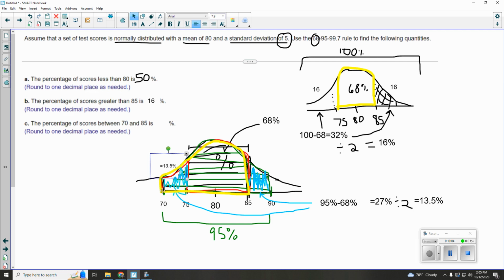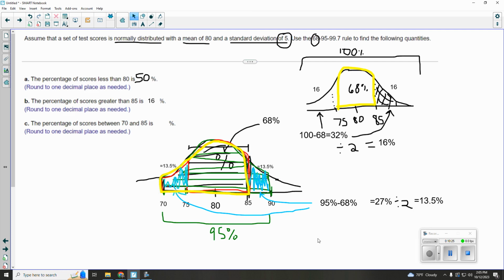This 13.5 and this 13.5 and this 68 all equal 95. Let's double check that. 13.5 plus 13.5 plus 68 equals 95.